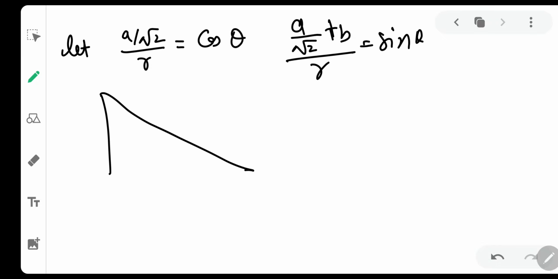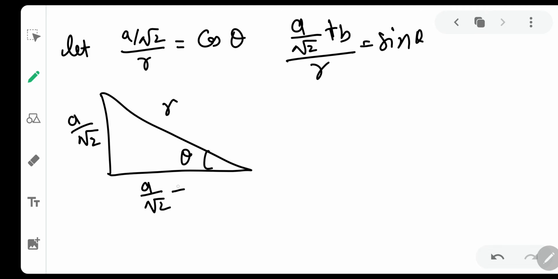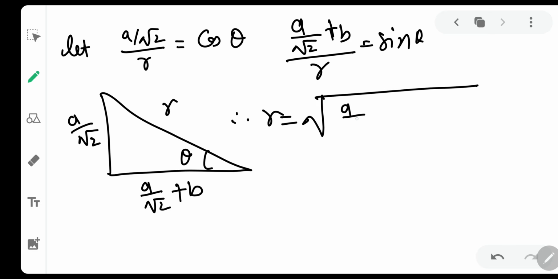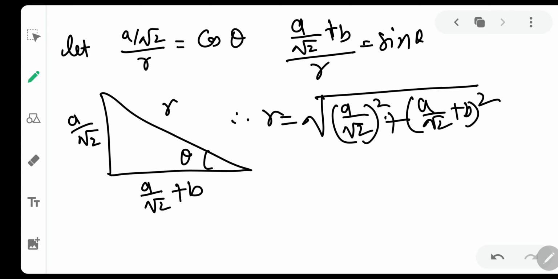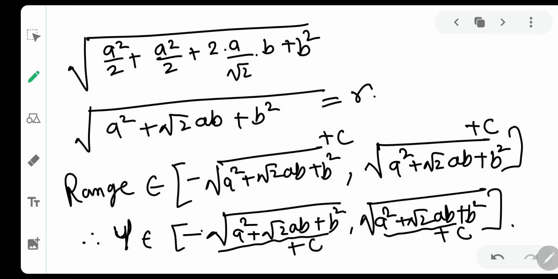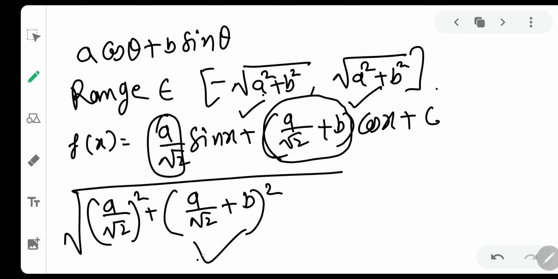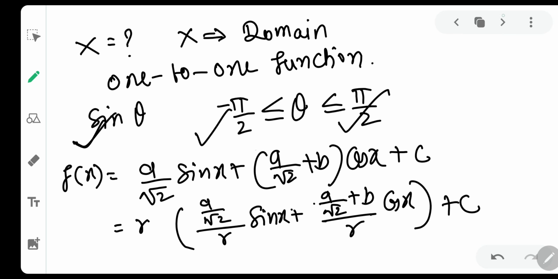Now as I can see over here there is theta and sin theta, so it is a by root 2 and this is r and this is a by root 2 plus b. Therefore r is nothing but under root a by root 2 the whole square plus a by root 2 plus b the whole square, which is what we have already calculated. As you can see, r was nothing but this, so this triangle is satisfied.